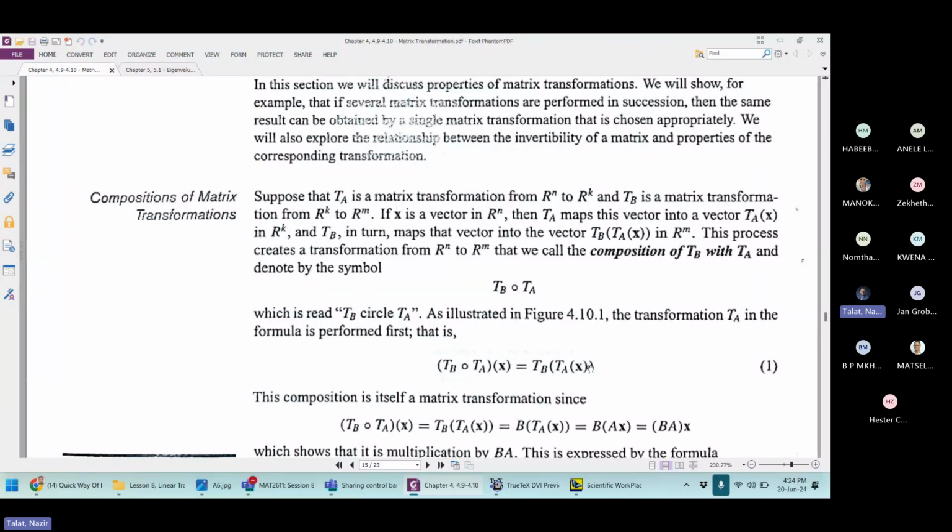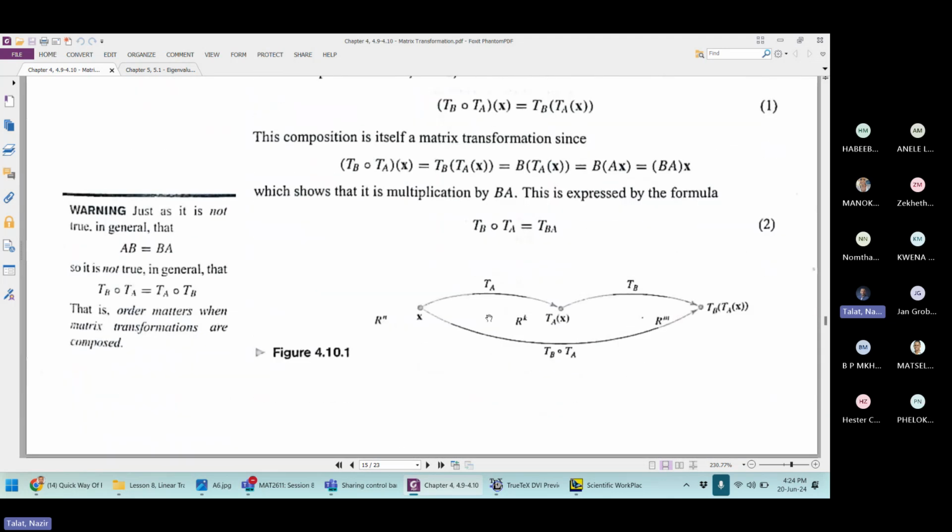Similarly, the composition of two transformations is a transformation. For example, here you can see that if TA is an operator from Rn to Rk, which takes the element x and moves it to Rk, then TB is an operator from Rk to Rm.